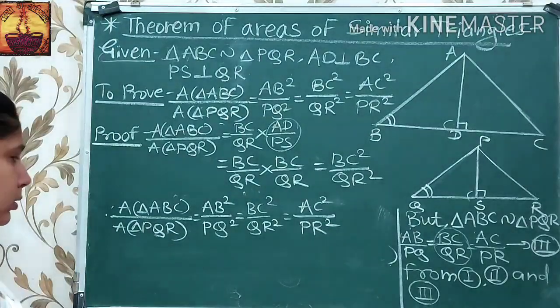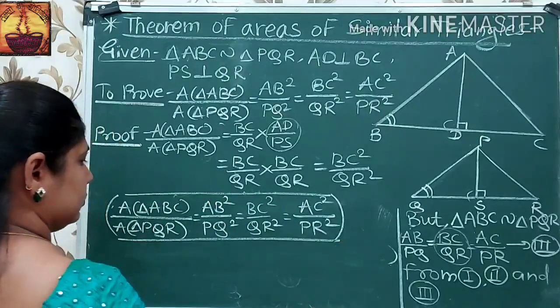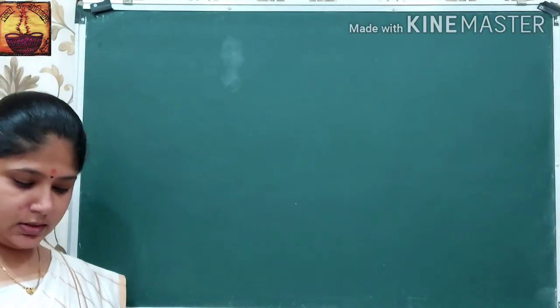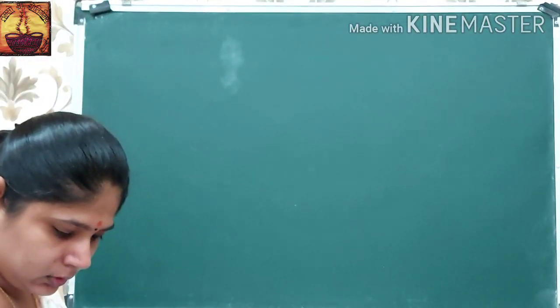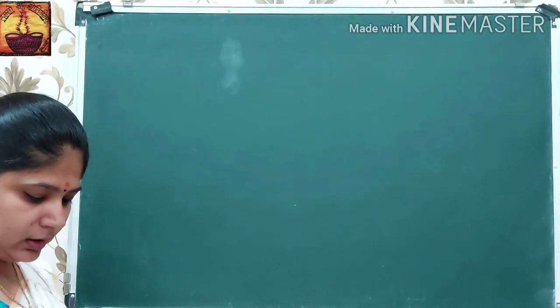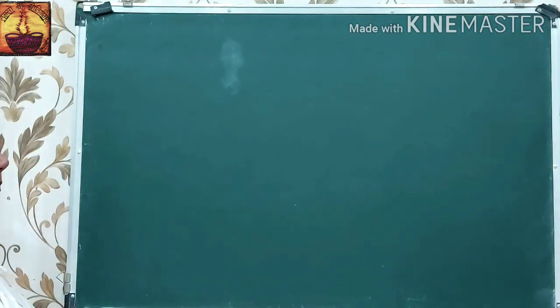It is the proof. Now, this theorem, the ratio of areas of similar triangles, is useful in some next examples.